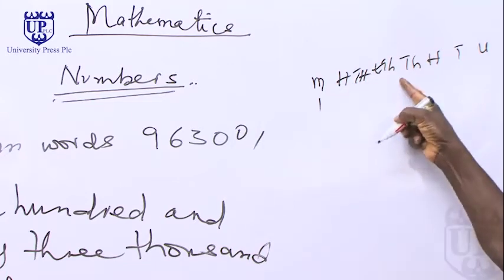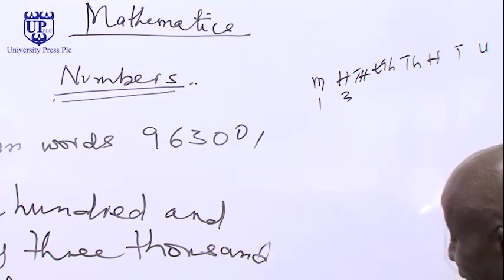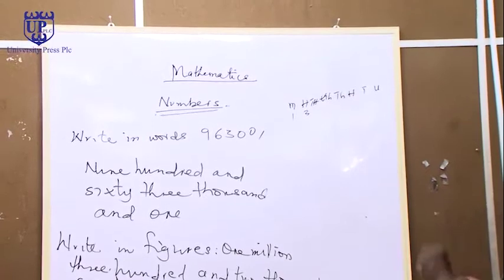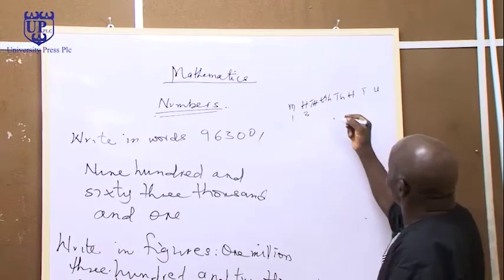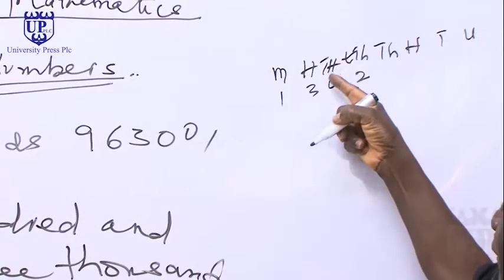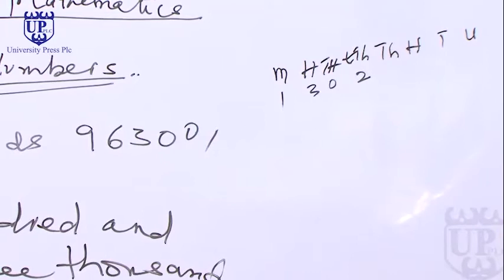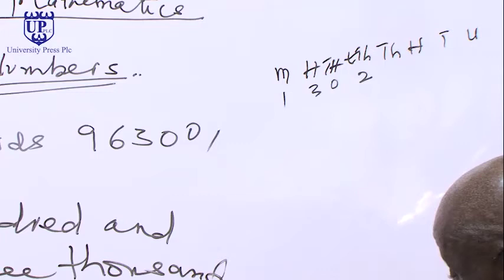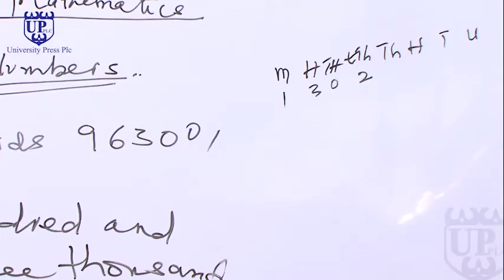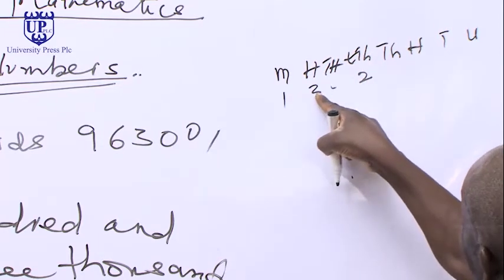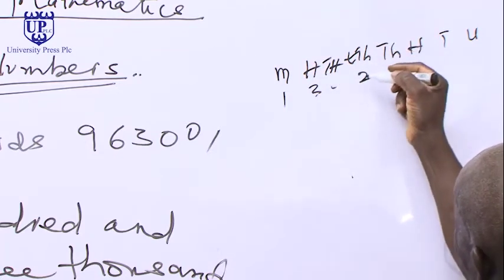Under 100,000 is 3. 302,000 because the 10,000 is not there. Then 400. This is 3, 0, 0 and 2.